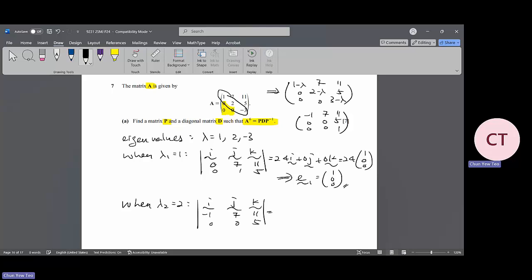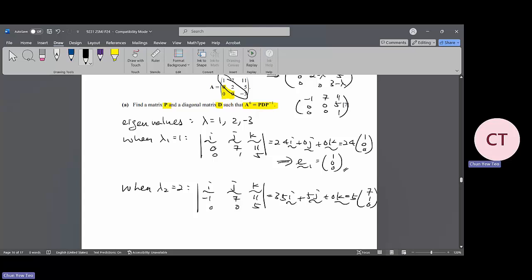Do the cross product, you get 35i plus 5j plus 0k. Take the 5 out, you get 7, 1, 0. So that means your eigenvector number 2 will be taken as 7, 1, 0.